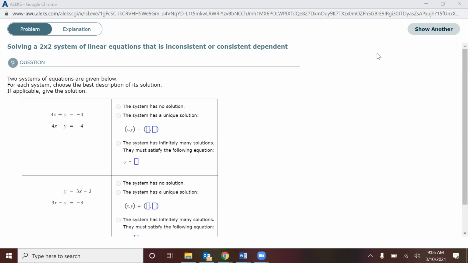So to determine what the answer will be, we need to solve for y so we can look at the slopes and y-intercepts. So in the first equation, if I subtract 4x, I get this.